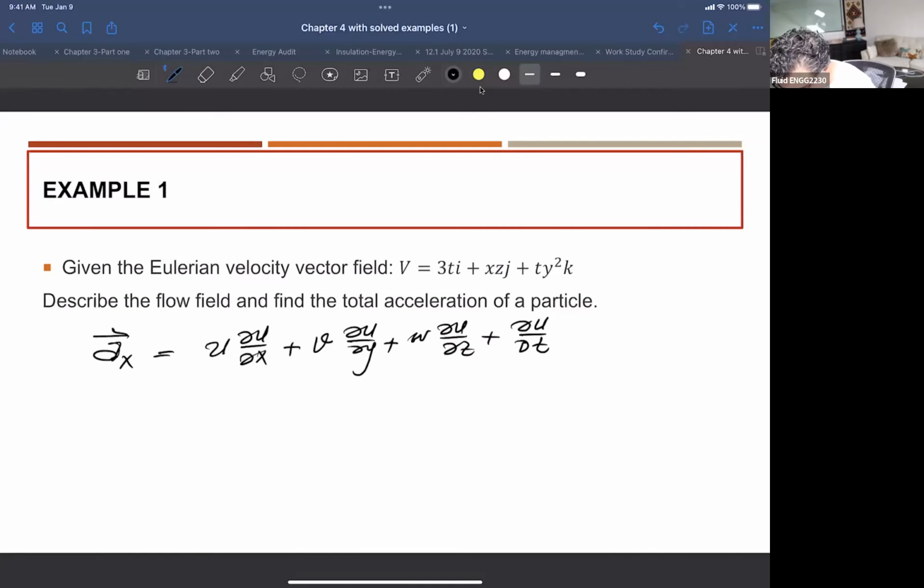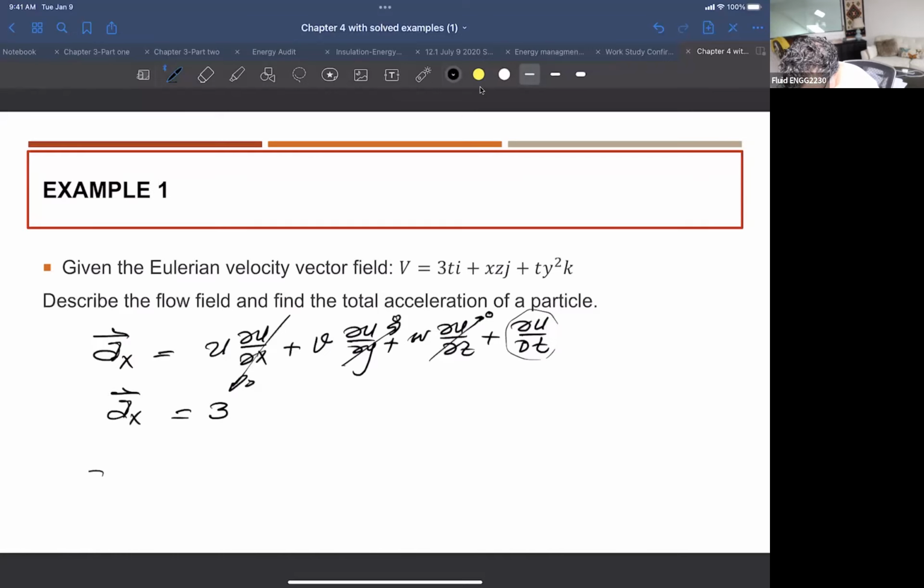Du by dx: u is not a function of x, which means this is 0, right? Now v is xz, and du by dy is also 0, because u is not a function of y. U also is not a function of z, that means this is 0 too, right? So du by dt is 3, so ax at the end is 3.